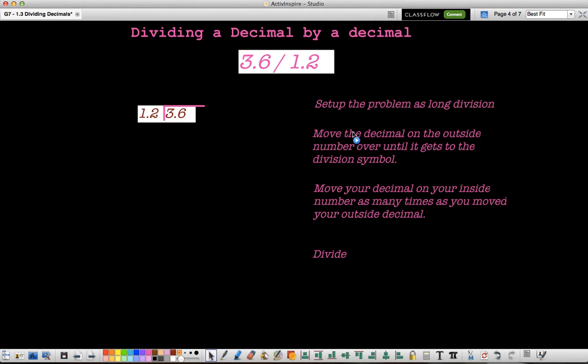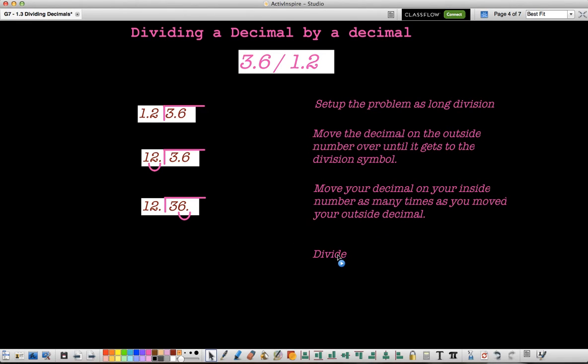So we move it over 1 time. Now since this decimal moved once, it's kind of a rule, even at this party, that if this decimal moves and skips in line 1, that this decimal has to move and skip in line the same amount. So since we moved this decimal once, we have to move this decimal once.